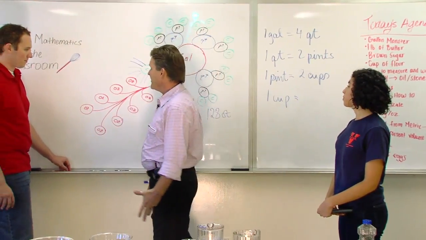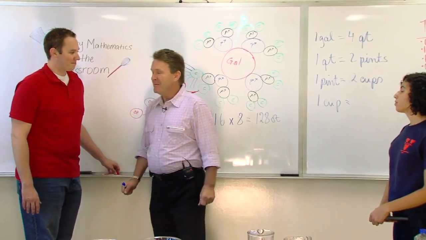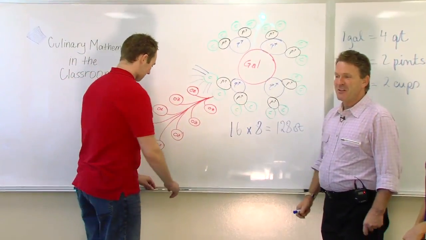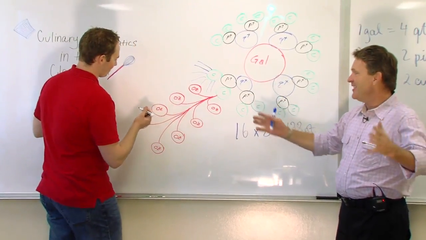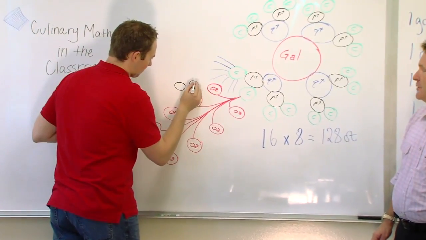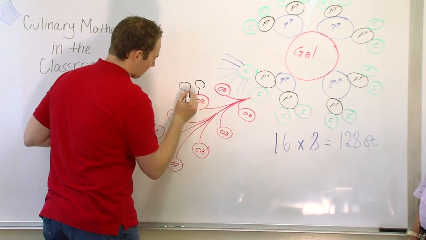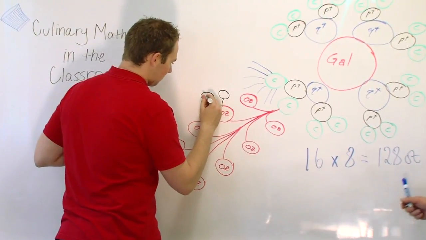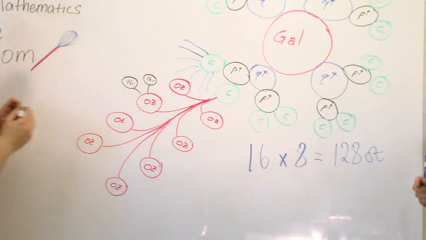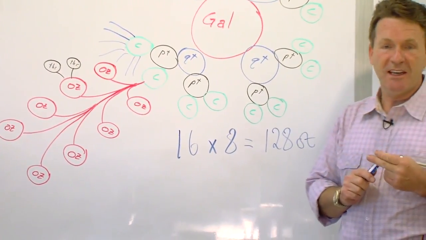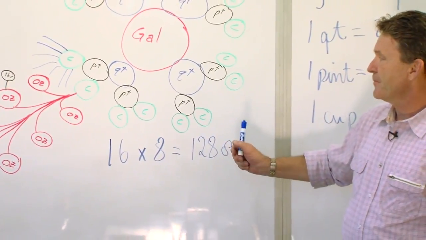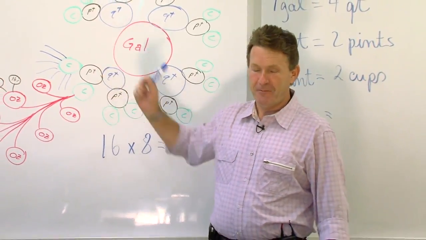Jason, what is the unit below ounces? Tablespoon. How many tablespoons in an ounce? 2. There's 2 tablespoons in an ounce. So here we're creating our gigantic gallon monster, which then consists of 2 tablespoons in an ounce. Now, if we multiply the 128 times 2, because there's 2 tablespoons in an ounce, then I know that I have 256 tablespoons in a gallon.